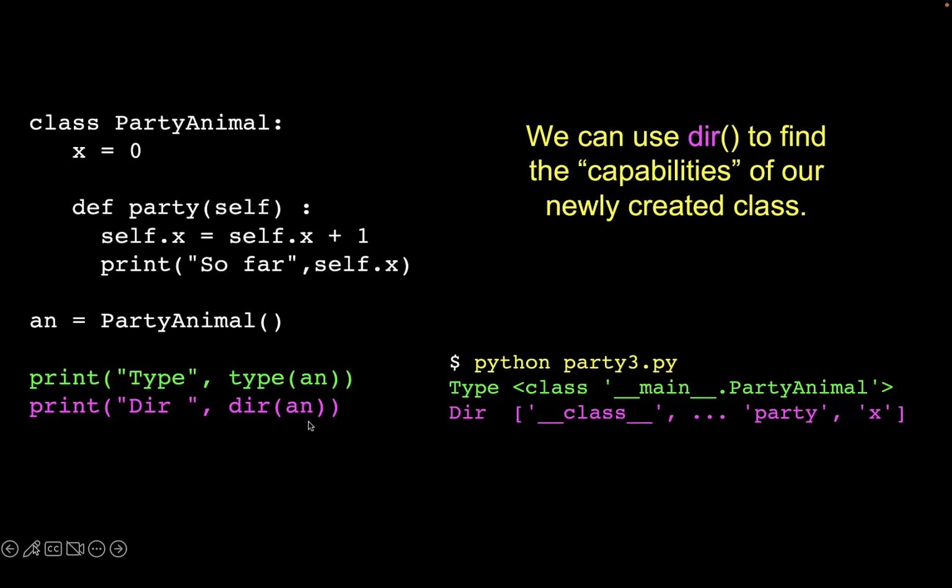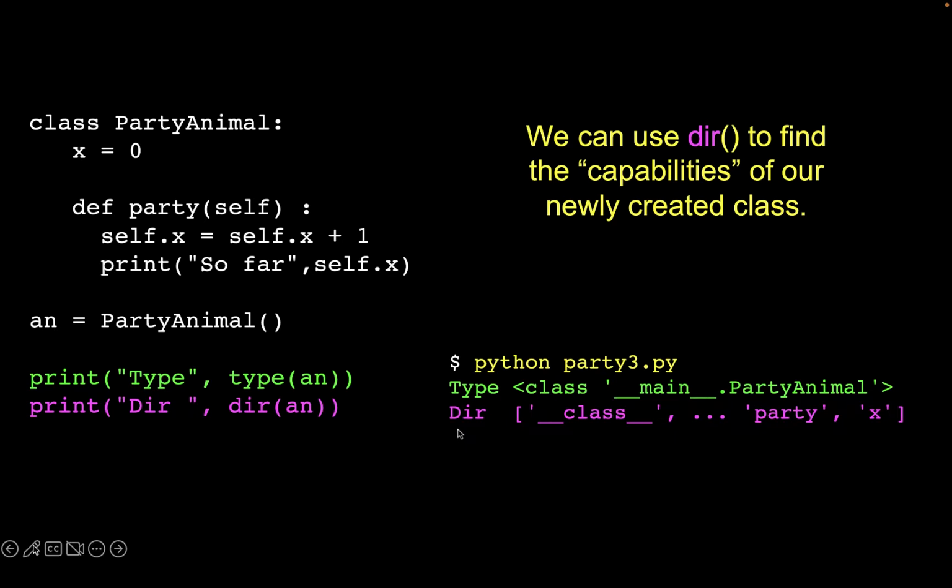Okay. And so we say that we want to print a type and the type of an, and dir of an. So the type of an is class main.partyAnimal. Well, ours would be a little different in mine because it wouldn't be part of main, my refactored version.